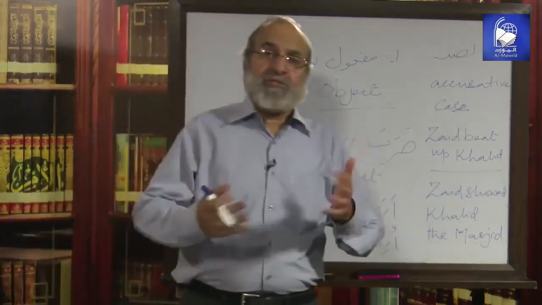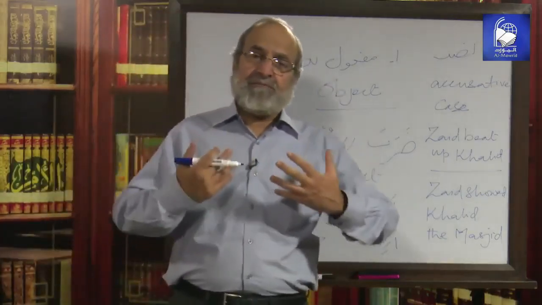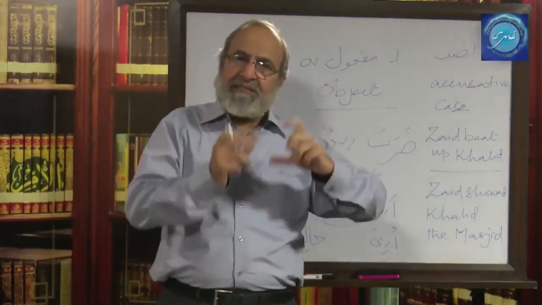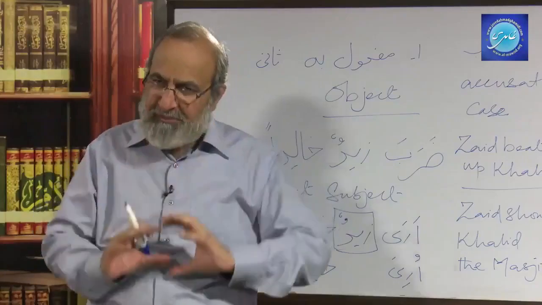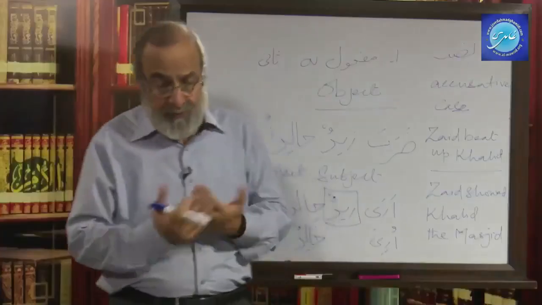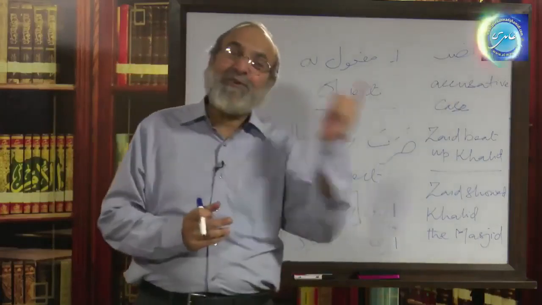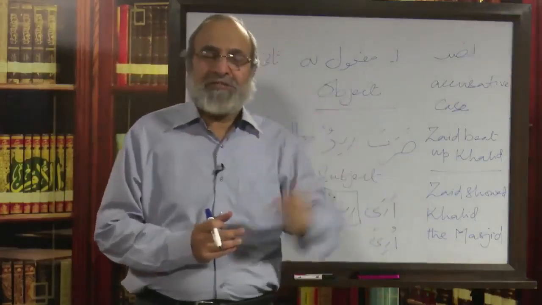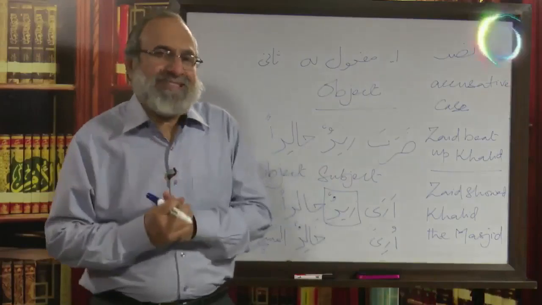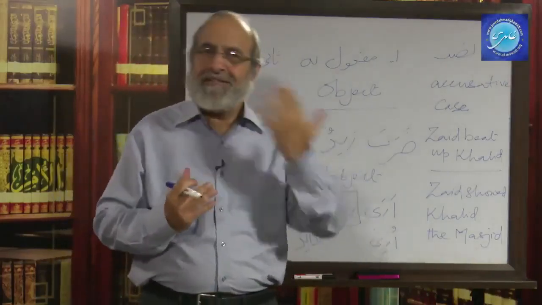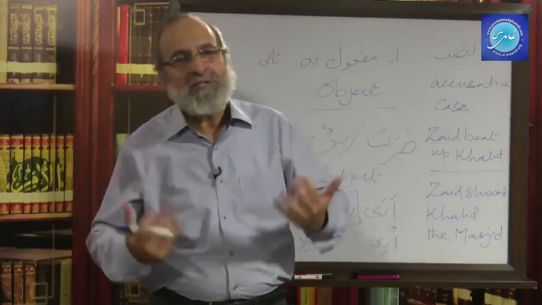And when it comes to a sentence where you have a passive verb, the object of the active verb sentence is going to take the form of Rafa. It would become nominative case, but the second of the two objects in the active verb sentence, when it comes to the passive verb, would continue to remain in the Nasab form.